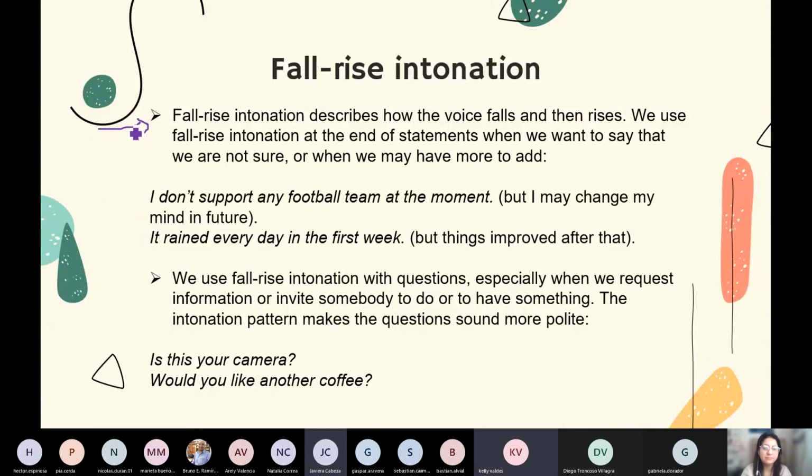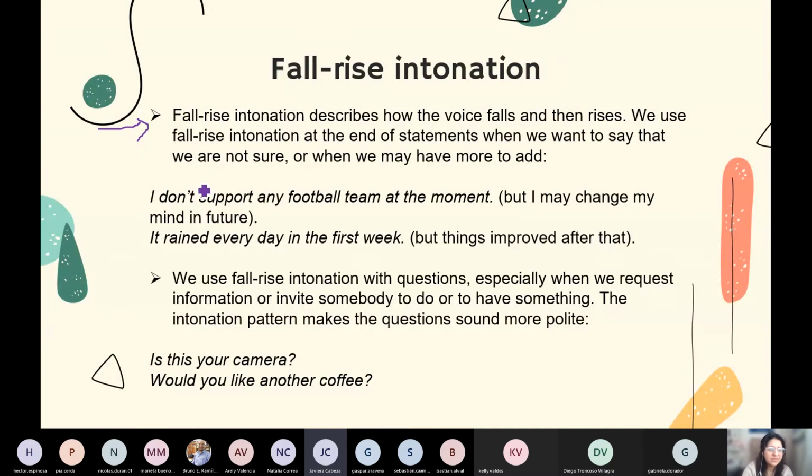Far rise intonation describes how the voice pauses and then rises. We use far rise intonation at the end of a statement when we want to say that we are not sure or when we may have more to add. Thank you very much. So just like you already read, we use this when we are not sure or when we want to add something else.